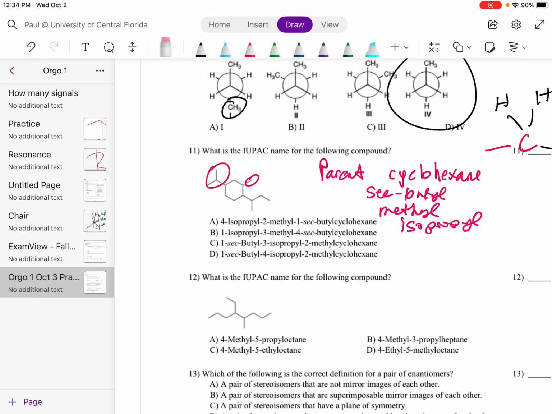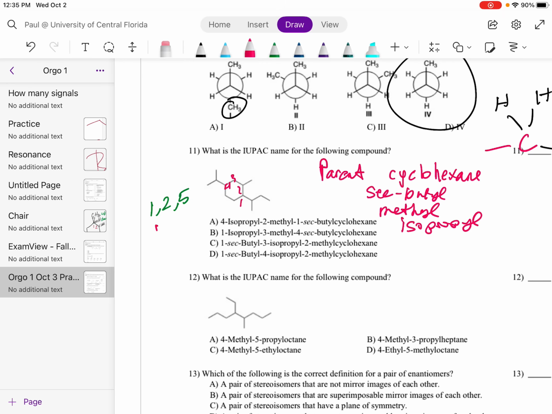Now the rule states that you want to give the substituents the lowest locant numbers. And if we count this way, 1, 2, 3, 4, 5, we have a 1, 2, and a 5. What if we actually numbered it this way? 1, 2, 3, 4.